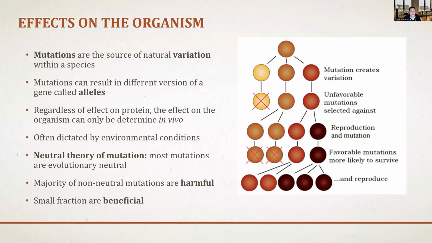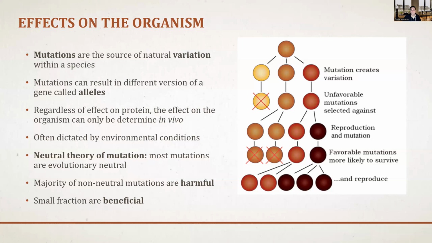They will have no impact on the survival or reproduction of the individual who possesses them and thus are rendered evolutionarily neutral. And if a mutation is non-neutral, if it actually does have an impact, it's probably going to be harmful. And this is where natural selection comes in. Natural selection, which is largely dictated by environmental conditions, is going to decide which mutations are beneficial and which ones are harmful.